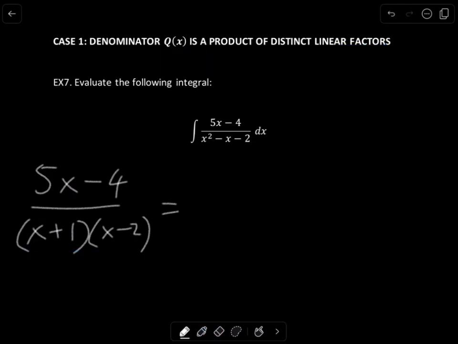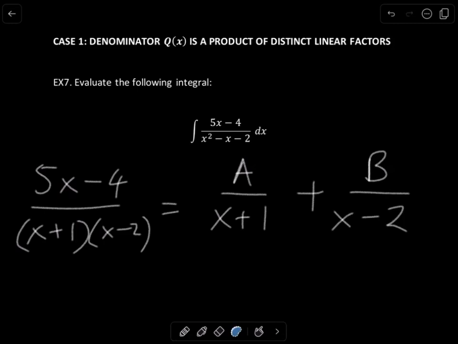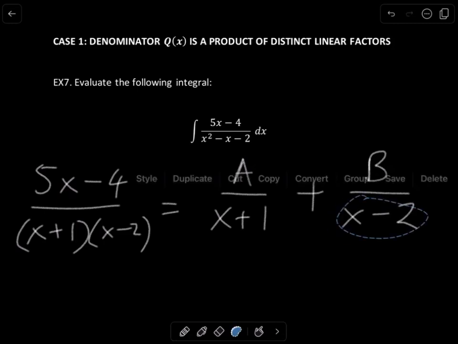So this is equal to, you're going to create a new variable, call it A over your first linear factor, x plus 1. Then you're going to have plus B over your second linear factor, x minus 2. There we go.